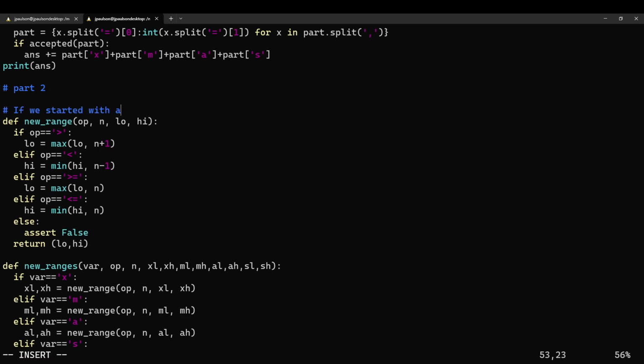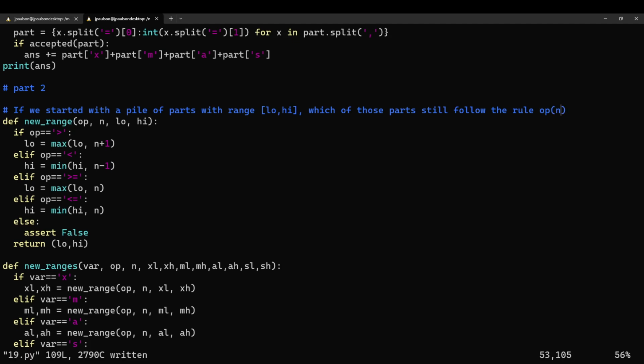So if we started with parts with a range low to high, this is like we had some interval, for x in this case, and it was supposed to be greater than something.